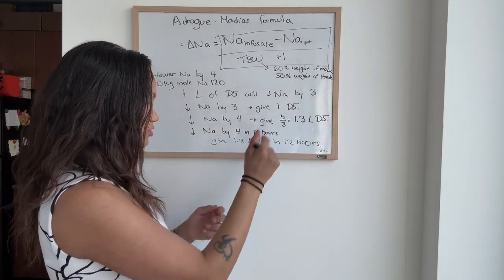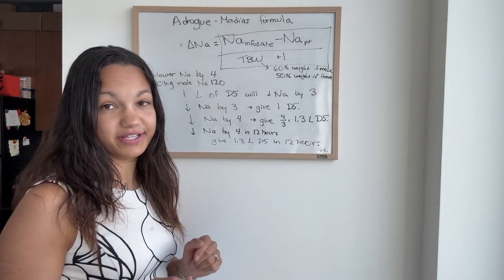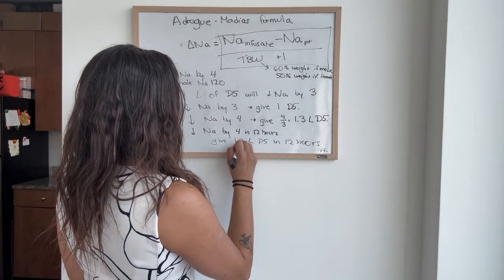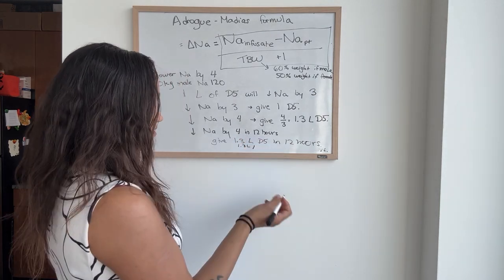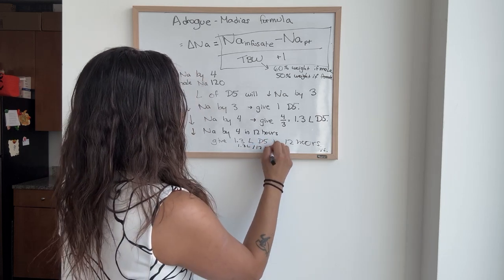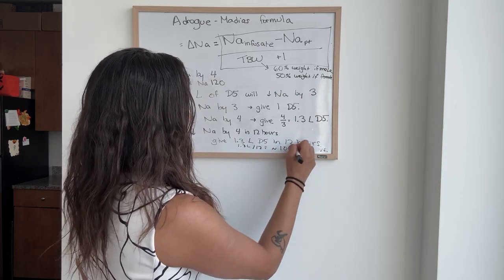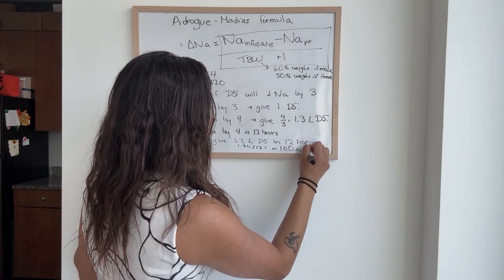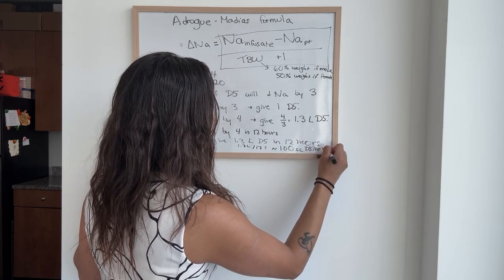Well, 1.3 liters in 12 hours, that's going to be a little over 100 cc's an hour. So 1.3 liters, sorry, really bad at saving space. So it's a little more than 100 cc's of D5 per hour times 12 hours.